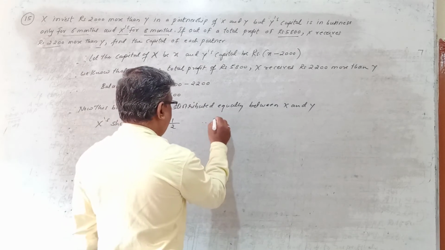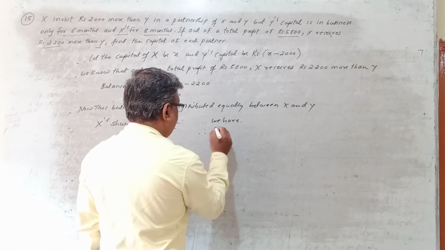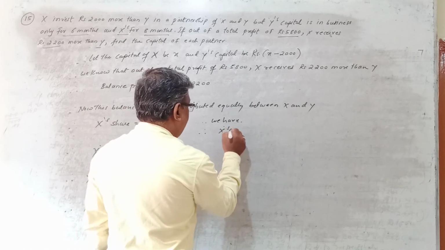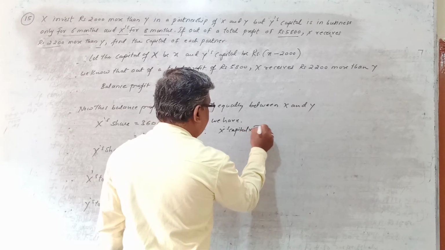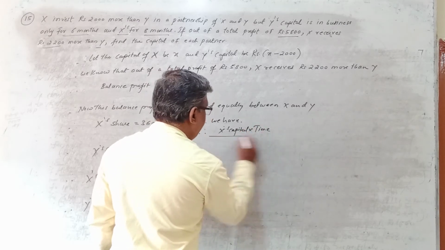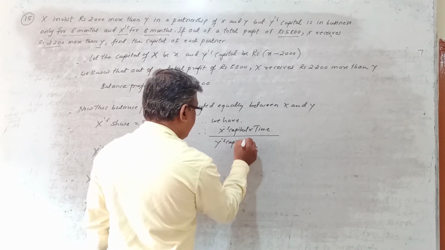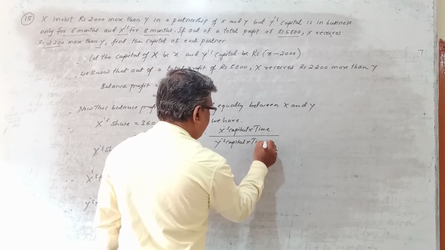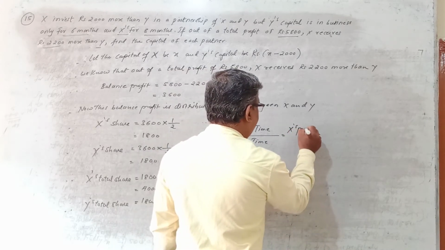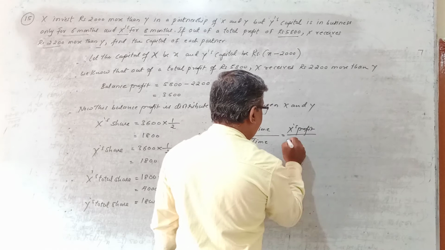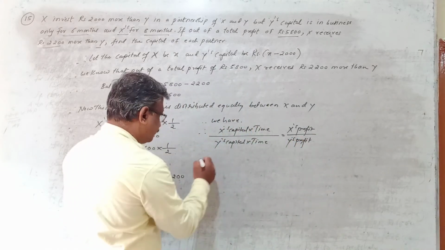Therefore, we have, X's capital into his time divided by Y's capital into his time must be equal to X's profit divided by Y's profit.